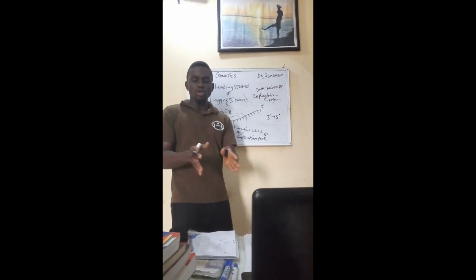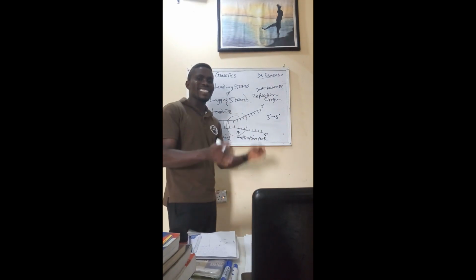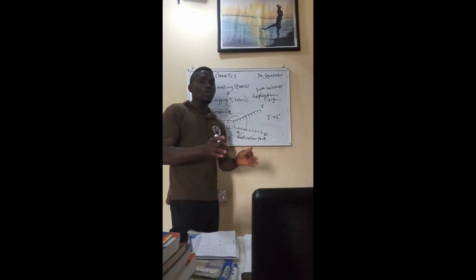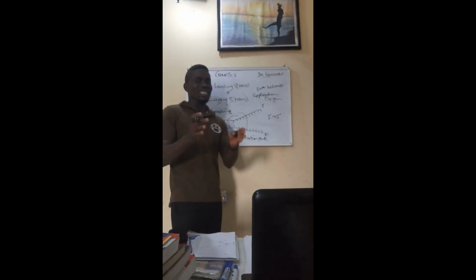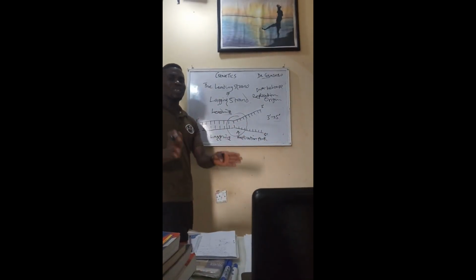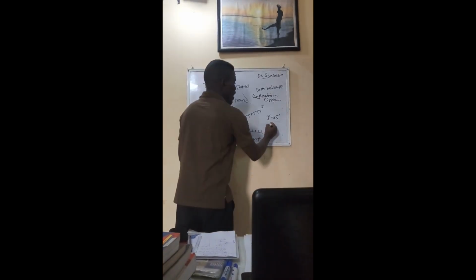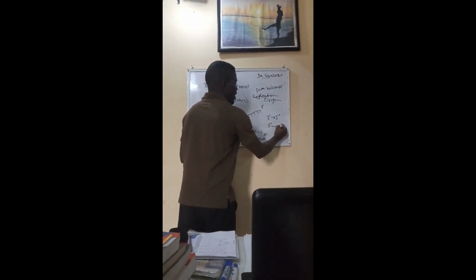Note that DNA replication on the parent strand can only take place in the 5' to 3' direction.